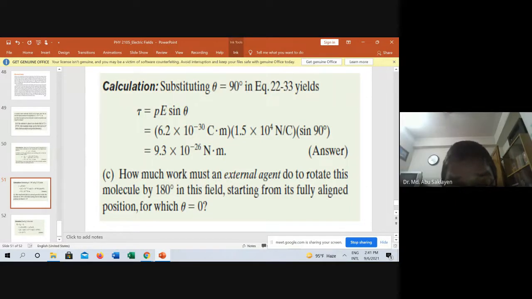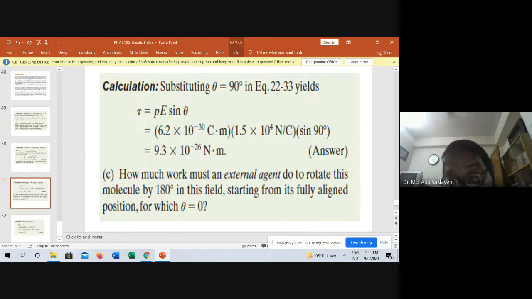So now this is the main question. How much work must an external agent do to rotate these molecules by 180 degrees in this field?